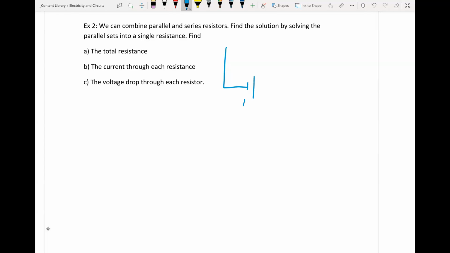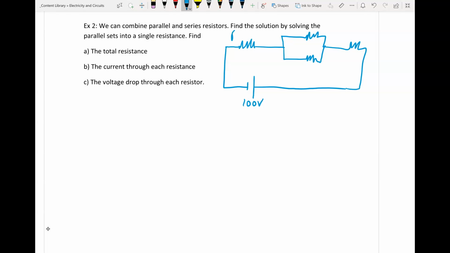And we're going to say that we have 100 volts. That's your first resistor. Then I'm going to draw a parallel one. And then lastly, another one here.